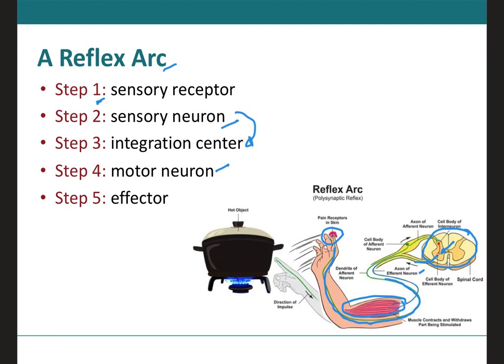Now, one thing that can occur as well, for example, these are going to be pain receptors in the skin because they touched this pot that was hot, and the reflex occurred so fast that they were able to remove their hand from the pot. But we also have the pain receptors. And how is the pain information processed? This pain information needs to be processed in the brain.